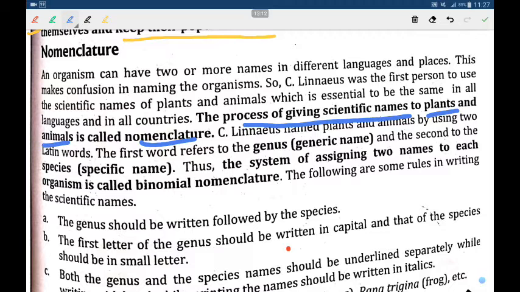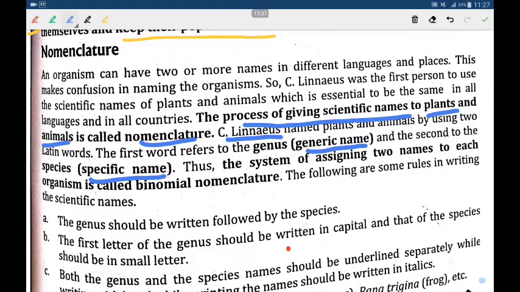Understood or not? Friends, could you remember who was the father of taxonomy? Carolus Linnaeus. He named plants and animals by using two names: generic name, the first name, and specific name, the second name.